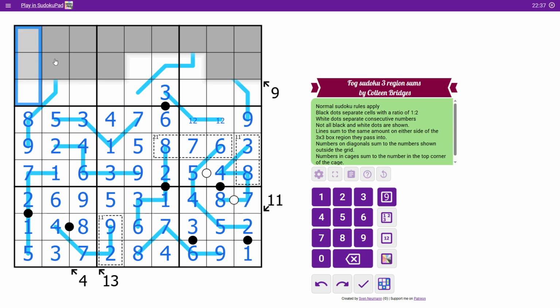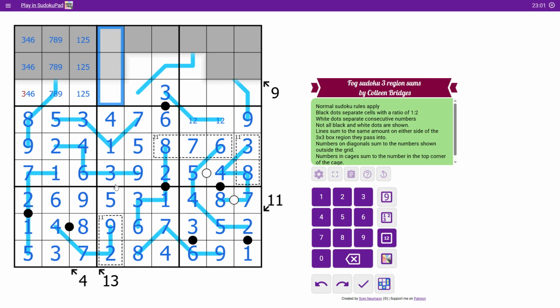Now, if you just fill in all these columns here, hopefully it'll just all resolve itself. 1, 2, we've got a 3, a 4, and a 6 in there. In that column, this column we've got 1, 2, 3, 4, 5, 6, 7, 8, 9. In this one we've got 1, 2, 3, 4, 5.